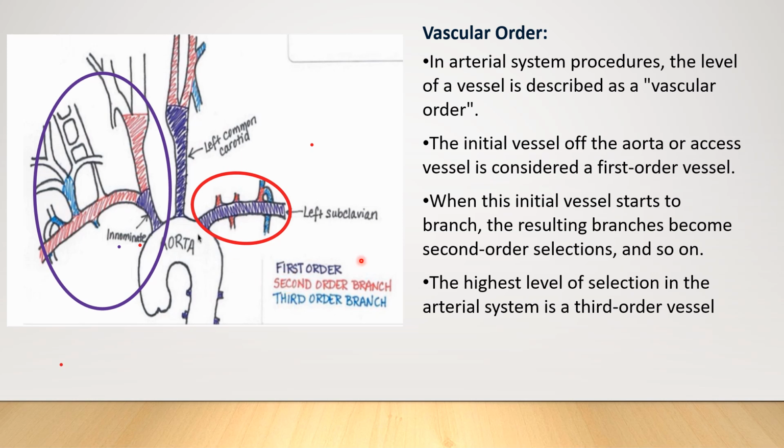And I have used here the color coding that will help you to understand the first order, second order, and the third order. Now the second vessel, that is left common carotid also, this is the first order, then it is bifurcated, becomes a second order, and this second becomes bifurcated, it becomes a third order. And this is very important for you to do the correct coding.